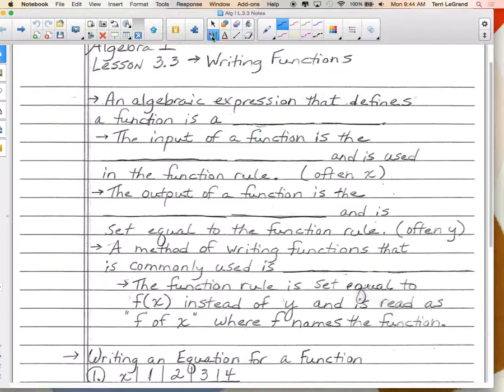So an algebraic expression that defines a function is a function rule. So we talk about there being a function rule for each function.